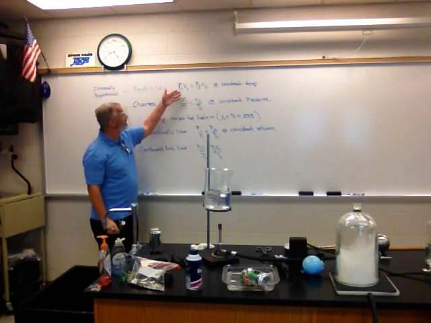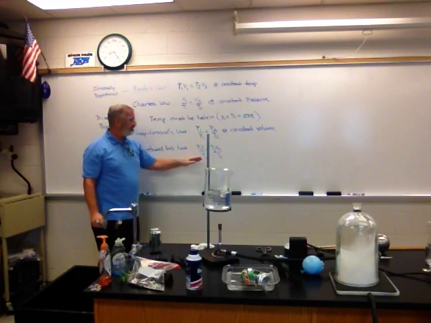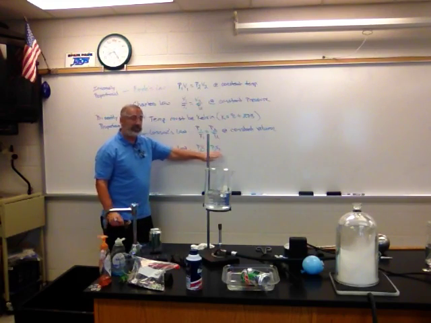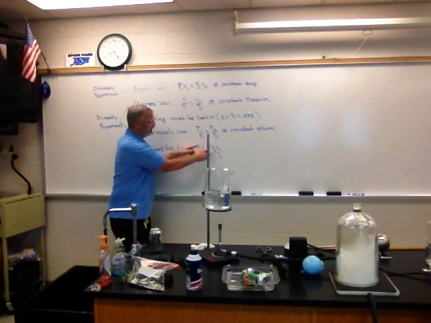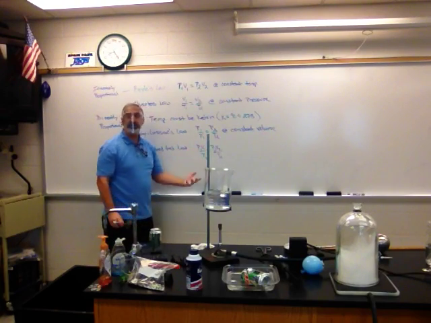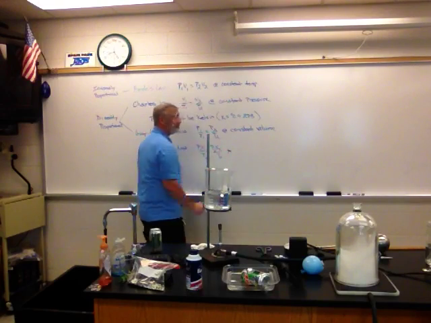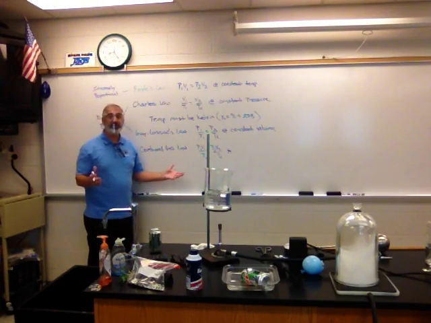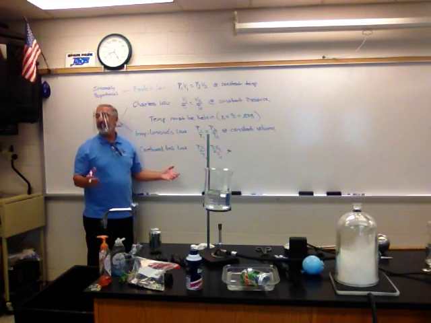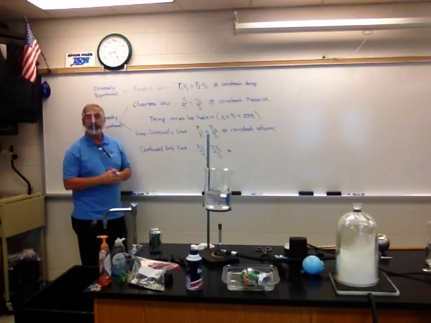The reality is that combining these, with constant temperature we get Boyle's law, constant pressure we get Charles' law, constant volume we get Gay-Lussac's law. So really, this is the only one that you need to know. These are all on your equation sheet, so you don't ever have to memorize the equations.